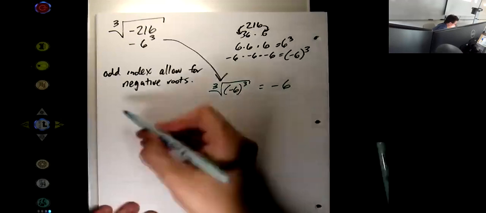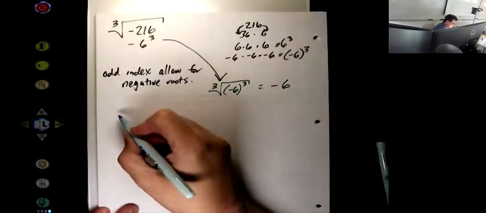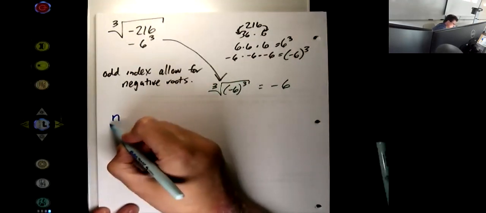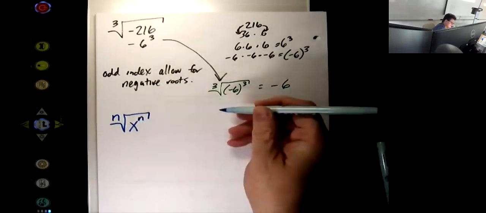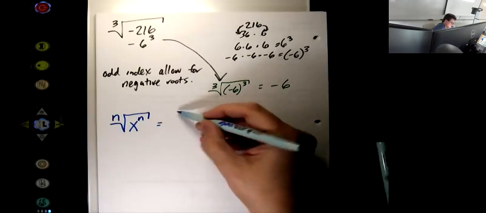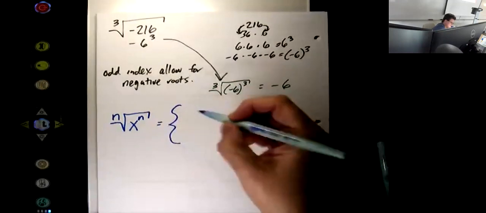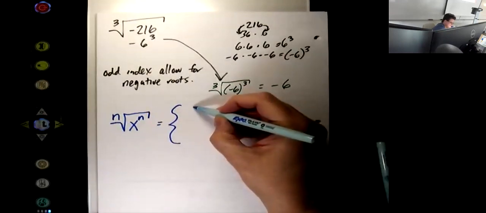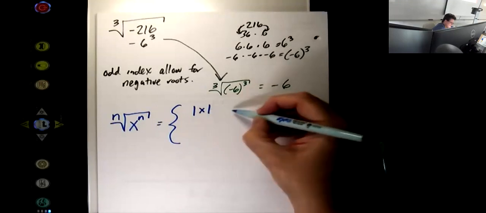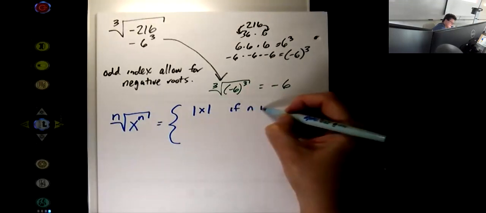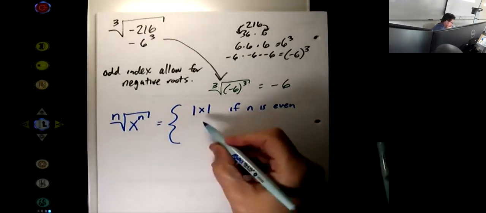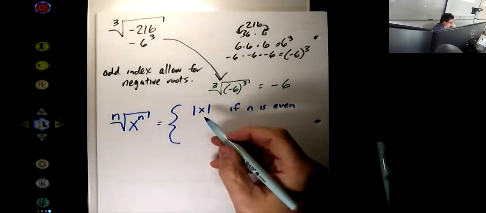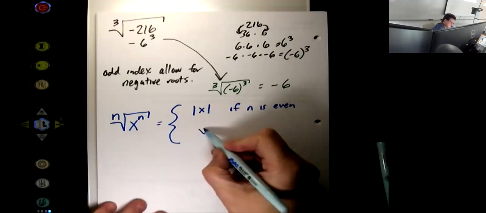So we have a general rule for all this. If we have the nth root of x to the n, this has two answers. This equals the absolute value of x if n is even, and it equals just x if n is odd.